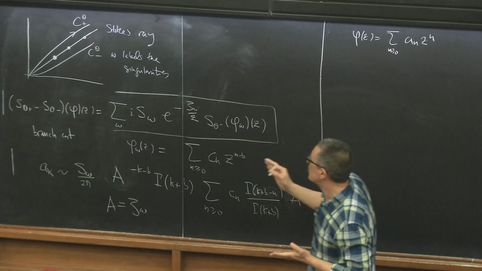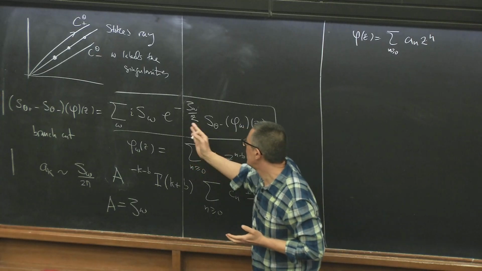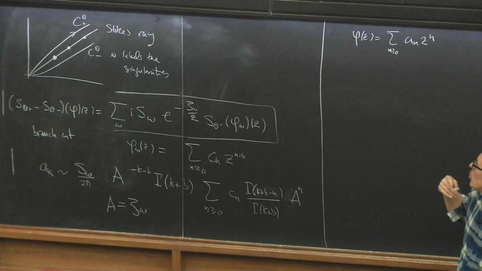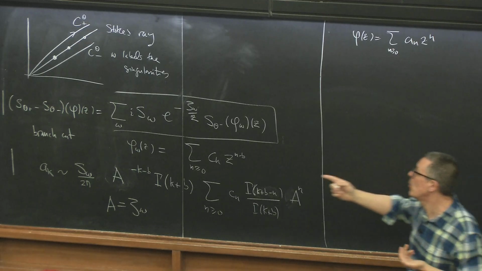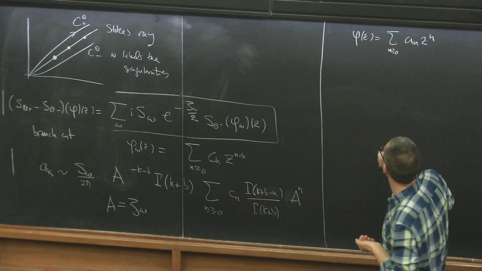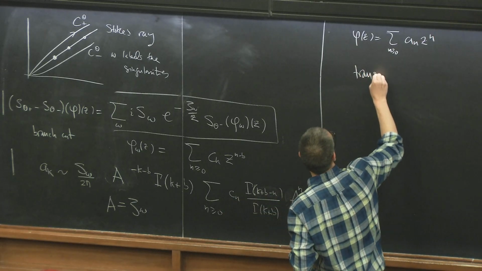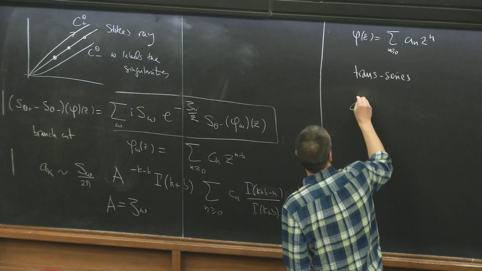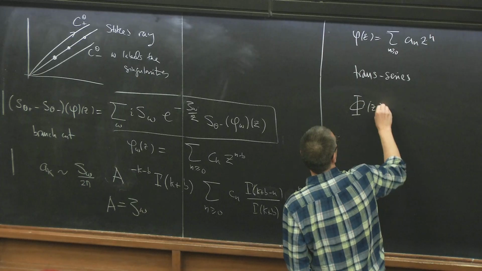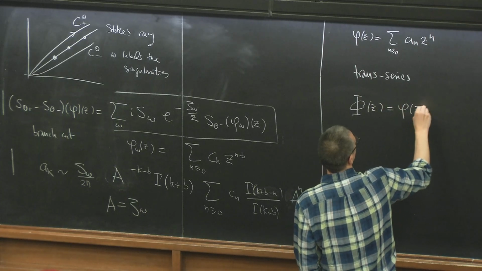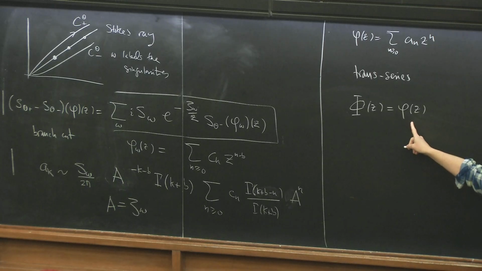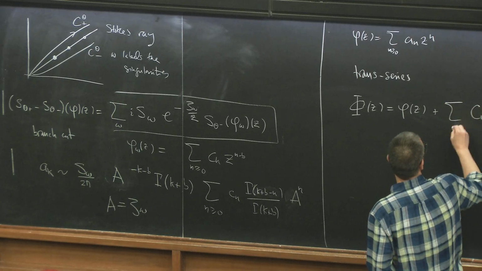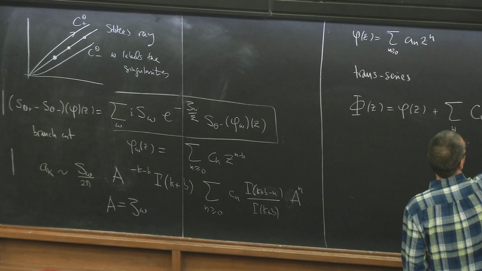These types of combinations, in which you have not only one small parameter but additional small parameters of the exponential type, are called trans-series. So the typical trans-series, let me write it like this, phi of z, typically starts with the standard perturbative series that you have computed, and then you will have a general linear combination of things like this.